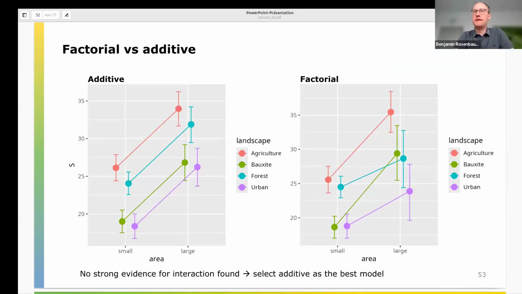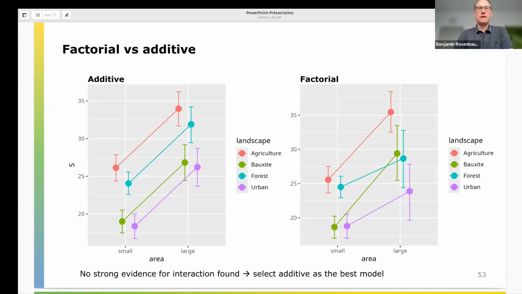The answer here is that the full factorial model basically fits all the level combinations with an independent mean, right? So here you have eight means which are basically fitted independently. The only thing that connects them is their joint residual error. However, in the additive model, they are all connected.